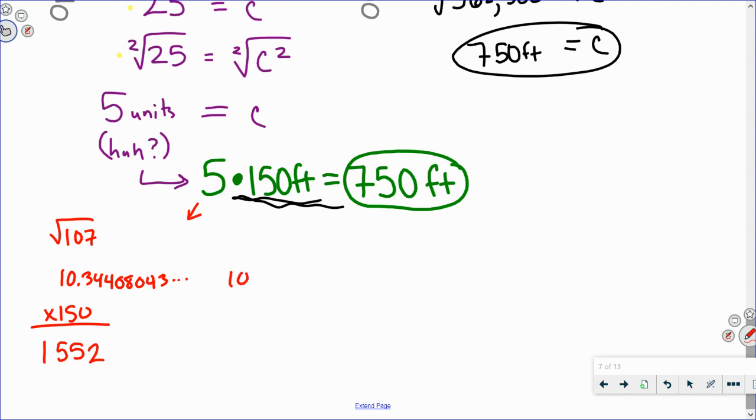Now, let's say you rounded first. 10 and 3400 times 150 is this. Notice how they're just slightly off.